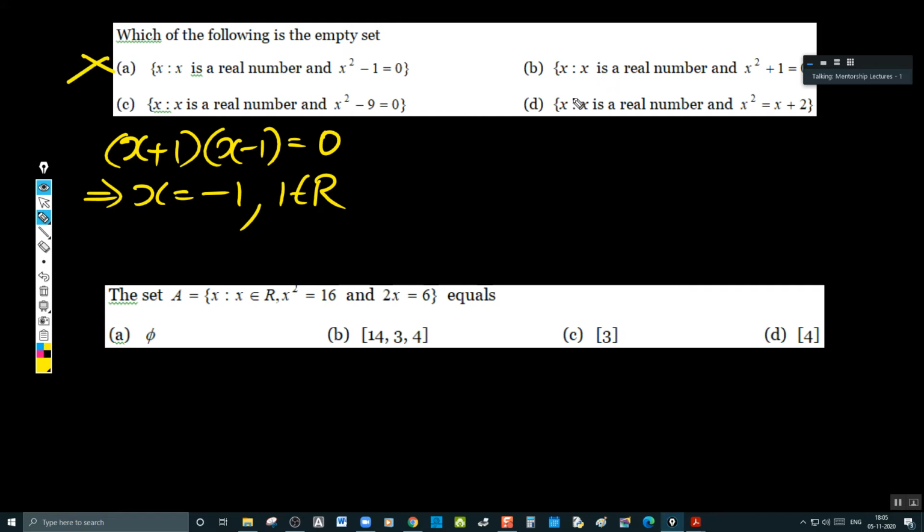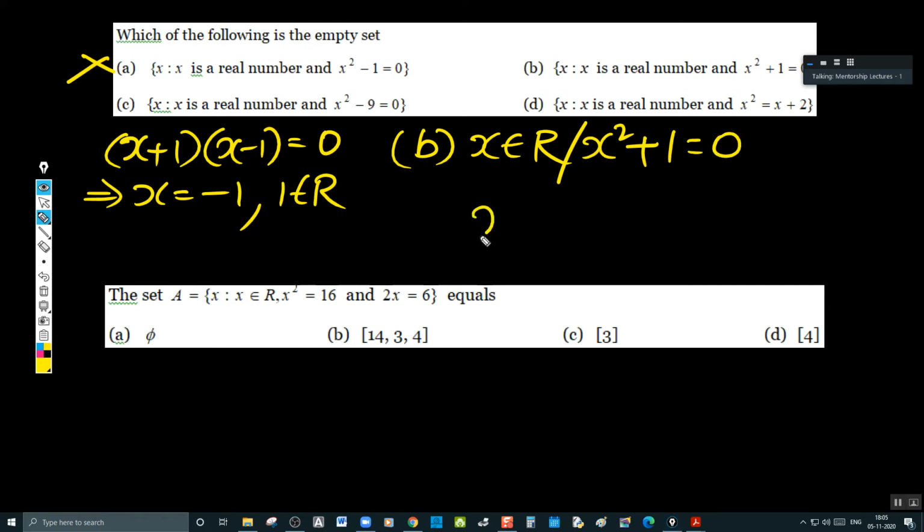Coming to B. In option B, x is a real number given, x belongs to R. It is to be read as such that x square plus 1 equal to 0. And x square plus 1 can be written as x square minus of minus 1 whole square is equal to 0.